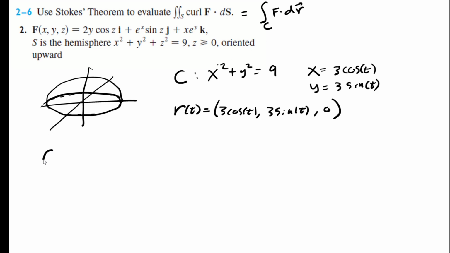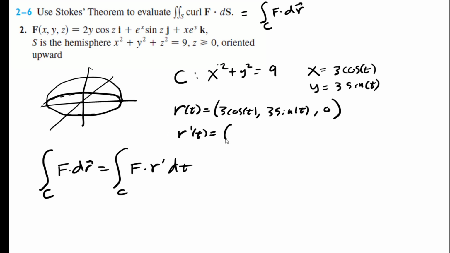So I'm trying to evaluate this line integral of F dot dr. Just like any other line integral, this is going to be F dot r prime dt. So r prime: the derivative of cosine is negative sine, the derivative of sine is cosine, and that's 0. And I need to figure out what F is in terms of r.